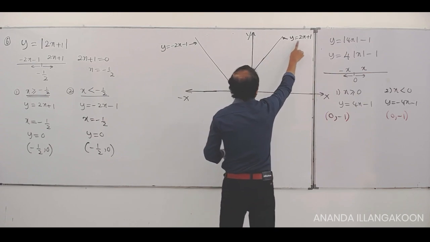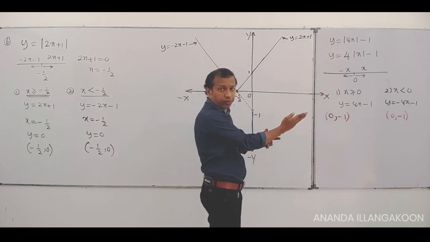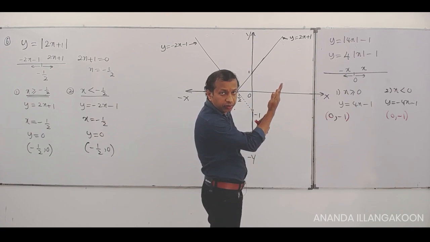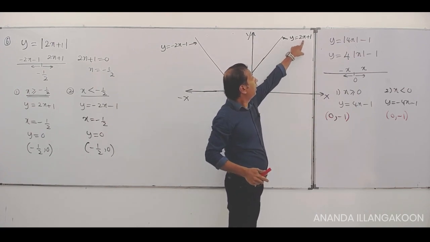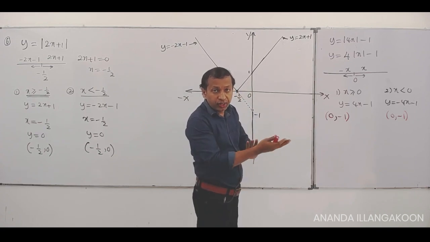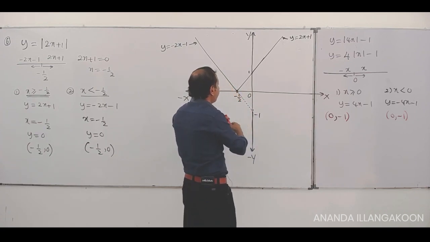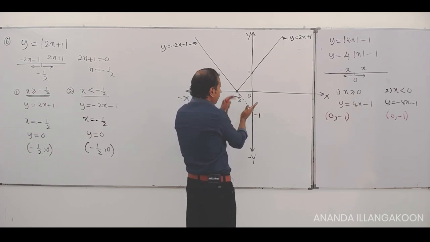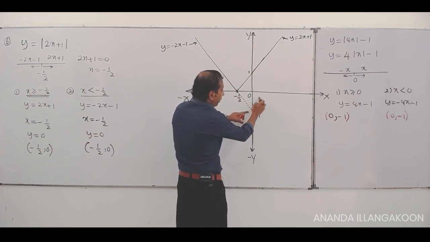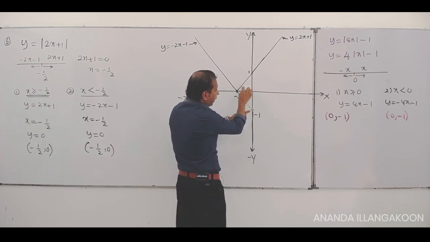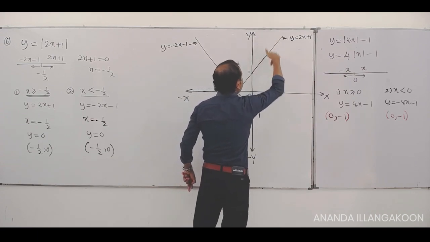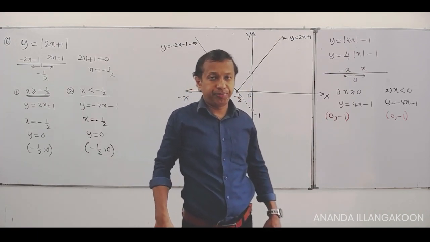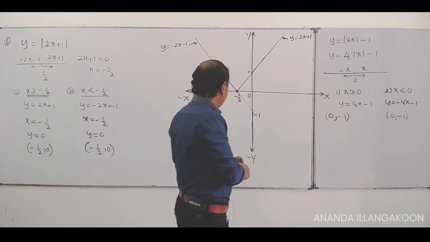This line's gradient is 2. Gradient 4 means that line should make a greater angle with the x-axis than this line makes. That means greater than this angle, the line 4x minus 1 should start from here. If we draw a line here with a greater angle, the line will turn like this, and when we produce that, that line will cut somewhere here. If we draw like that, that's enough. Right. This way I do it.